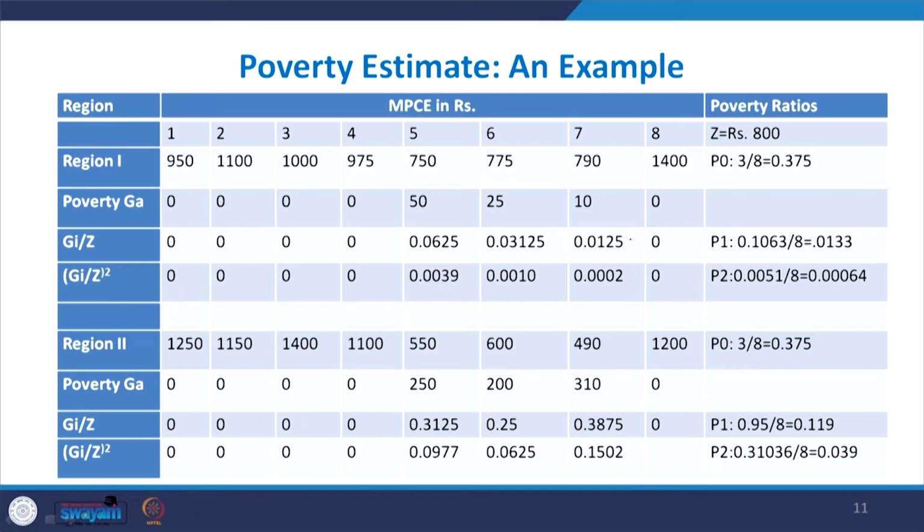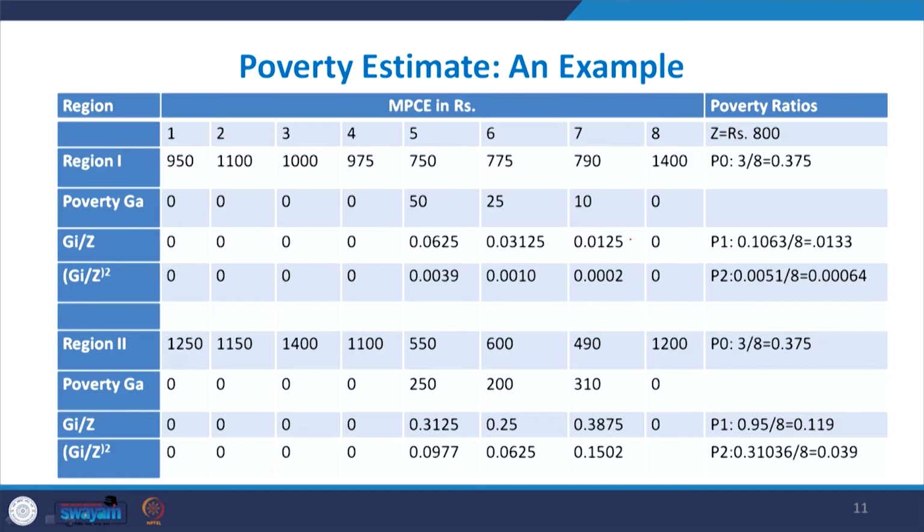So, first you have to calculate the poverty gaps, and poverty gap means if household consumption expenditure is below Z, then the gap will be assessed. Here in case of household number 5, the household consumption expenditure is 750 rupees and the poverty line is 800. So, 800 minus 750 is 50, the gap. Then in the 6th household 25 rupees is the gap, and in the 7th household 10 rupees is the gap. So, now we get the gaps.